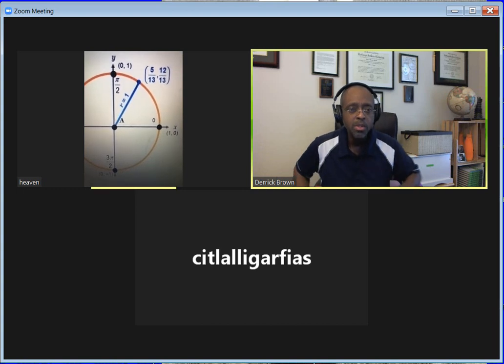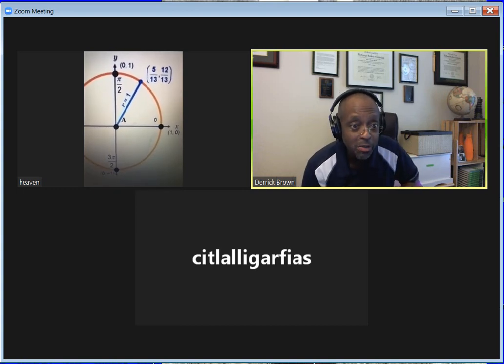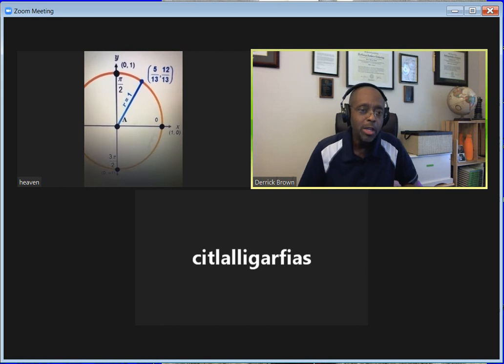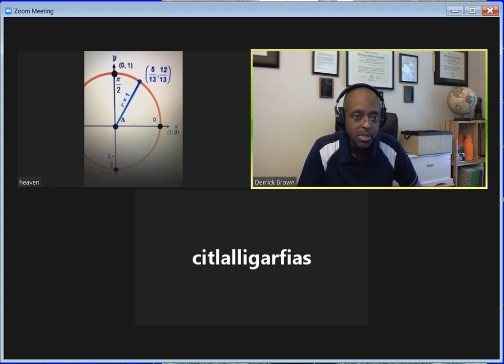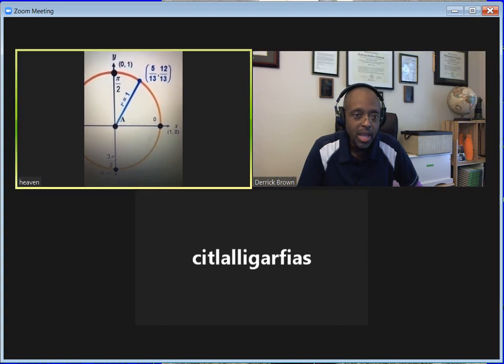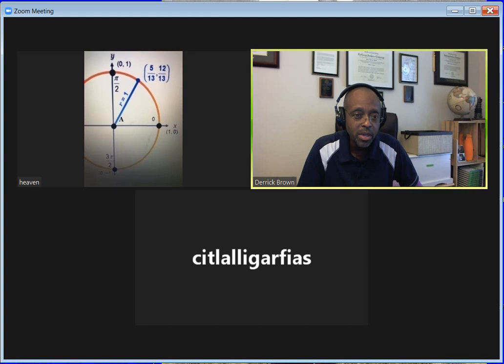All right, so if I'm finding the tangent of A, in the numerator I'm going to have the opposite side, which is 12/13. Do you see that? Yes. And in the denominator, I'm going to have the adjacent side, which is 5/13.